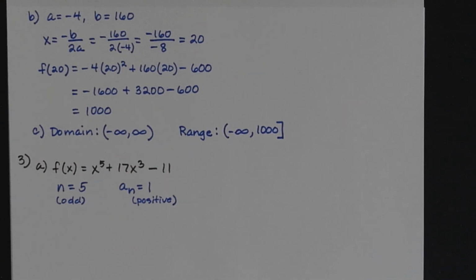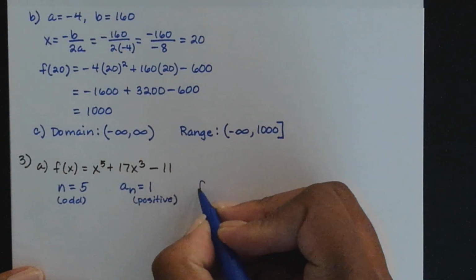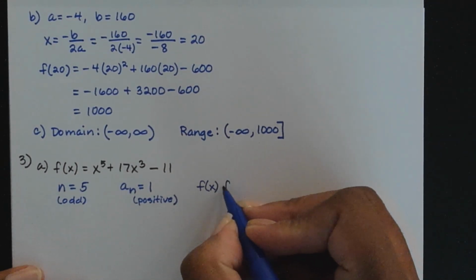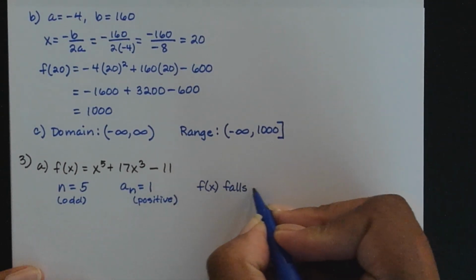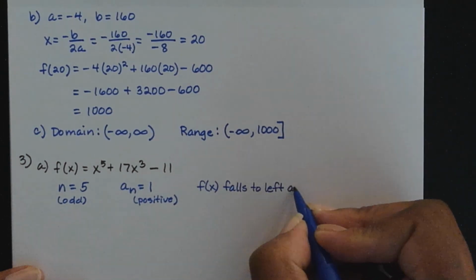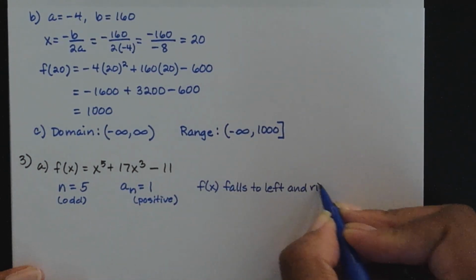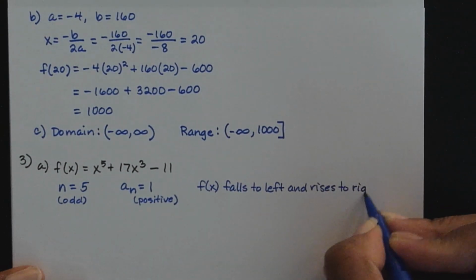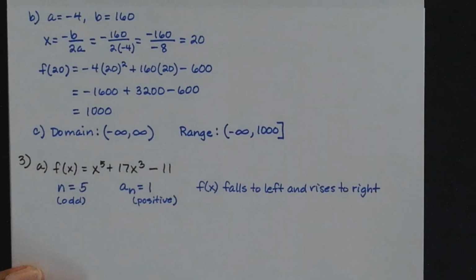Now, according to the leading coefficient test, n is odd and a sub n is positive. That means that the behavior of the graph of f of x would be this. It's going to fall to the left, and rise to the right.